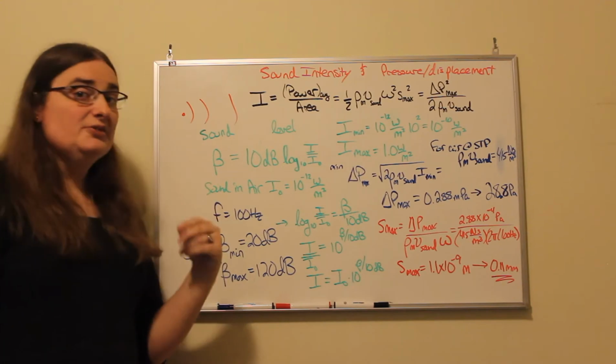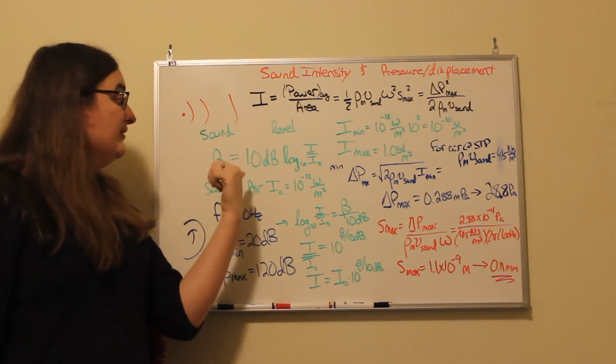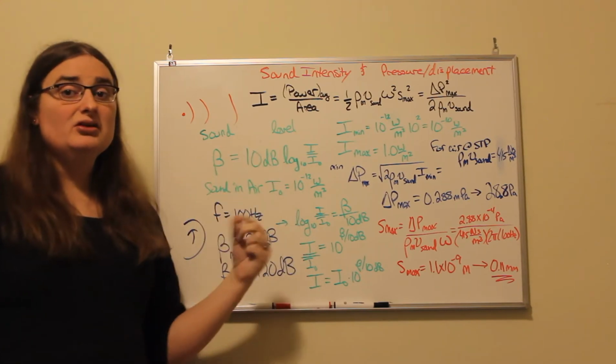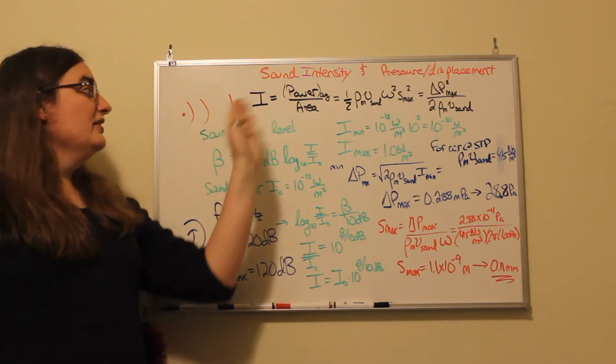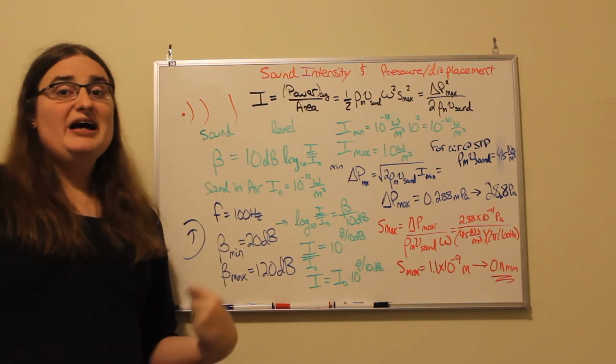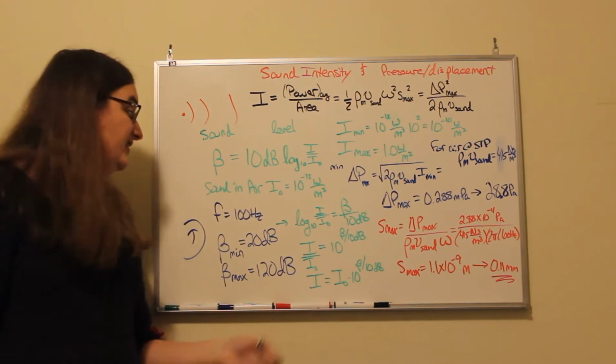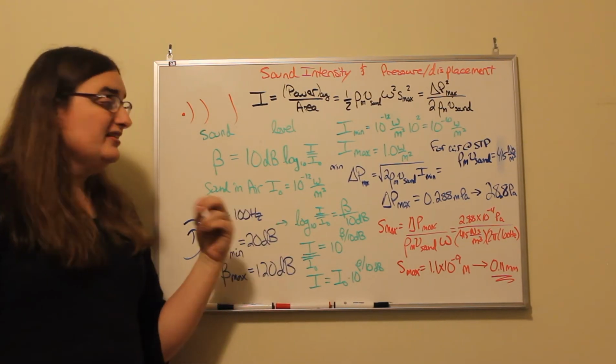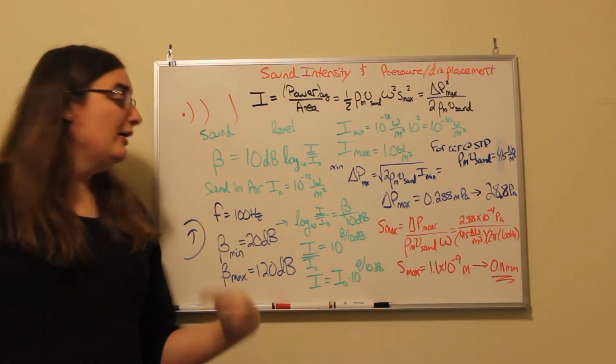And from the decibel scale, our sound level is 10 decibels times the log base 10 of the physical sound intensity divided by the standard reference intensity. So for sound and air, the standard reference intensity is 10 to the minus 12 watts of power per meter squared of area.